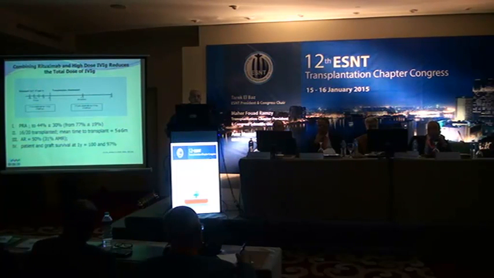If you look at the PRA levels, the desensitization protocol is very heavy, but also the immunosuppression post-transplantation is heavy. The PRA goes down from 77 to 44, with 16 out of 20 transplanted. Mean time to transplant is about 6 months. The acute rejection is still very high.